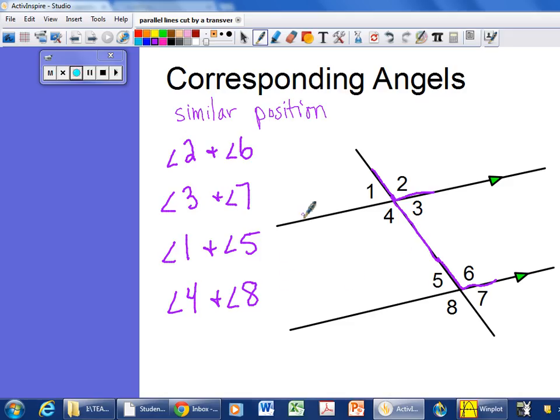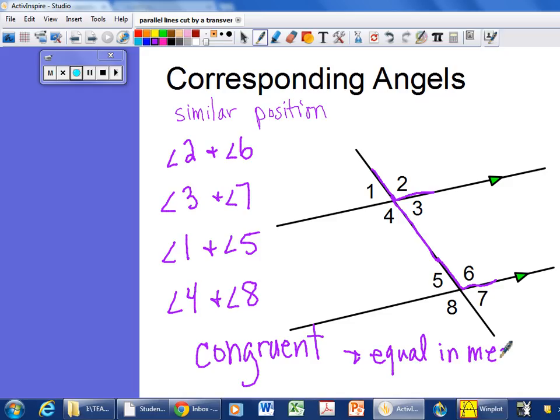Now, there is a postulate that says if parallel lines are cut by a transversal, corresponding angles are congruent. So not only do they have a name, they also have a relationship. This is how they relate. They are equal in measure. If one is 72 degrees, the other one is 72 degrees.